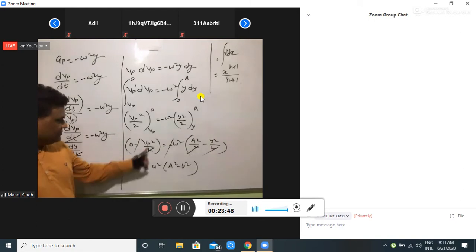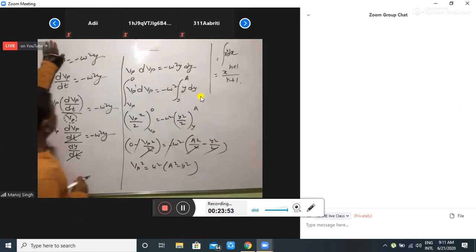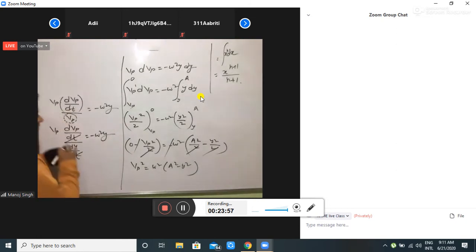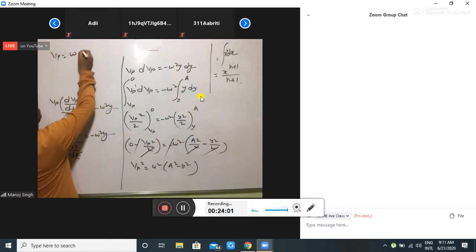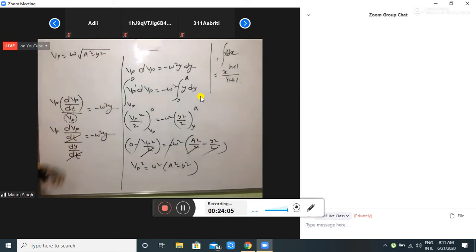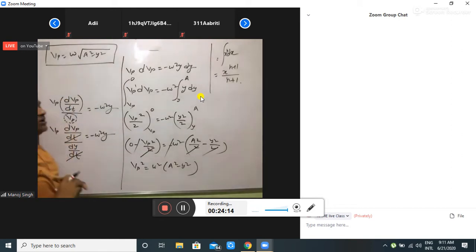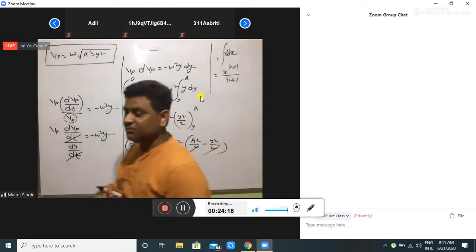So vp square is equal to omega square into a square minus y square, or velocity of the particle is equal to omega into root over a square minus y square. This is nothing but the velocity of the particle of the medium.